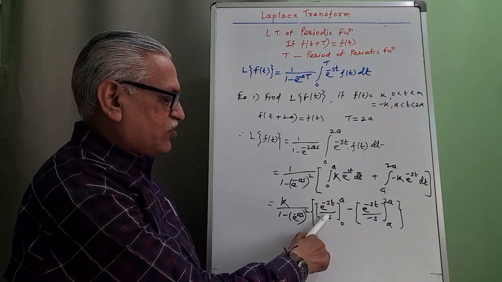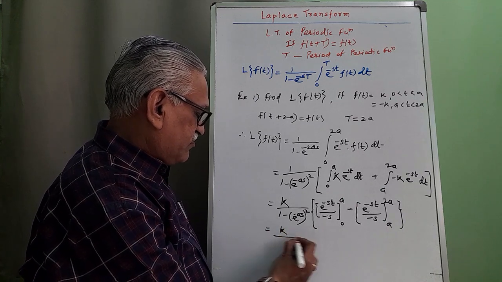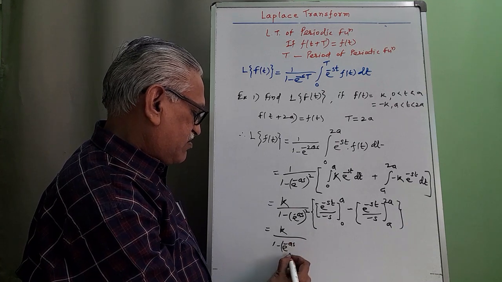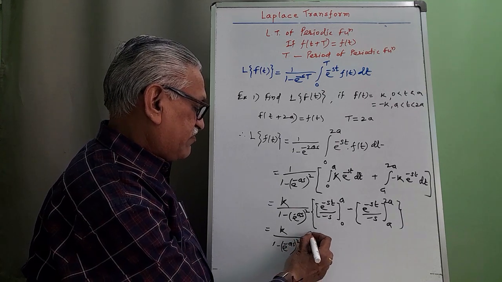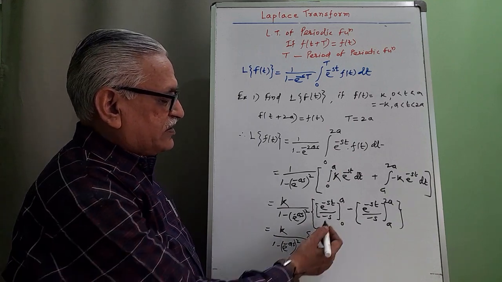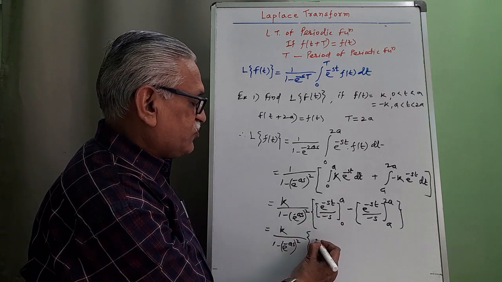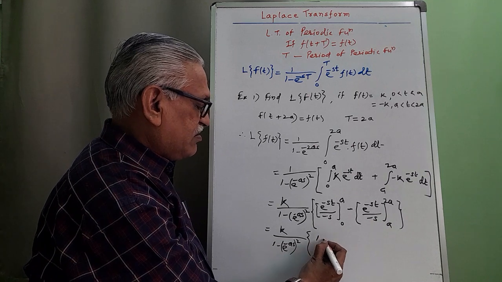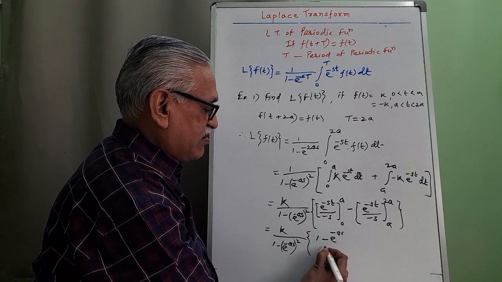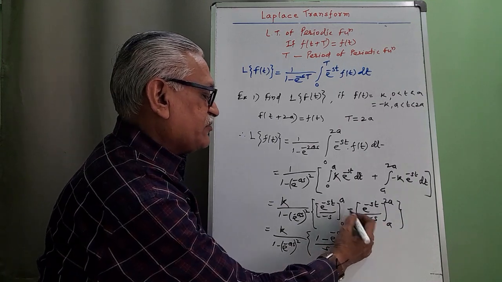Substituting the upper and lower limits for these two terms, we get that value as k upon (1 minus e raised to minus as) whole square of, I will cancel that minus sign by changing the limit, therefore it is e raised to 0 as 1 minus e raised to minus as divided by s, then minus minus will become plus.